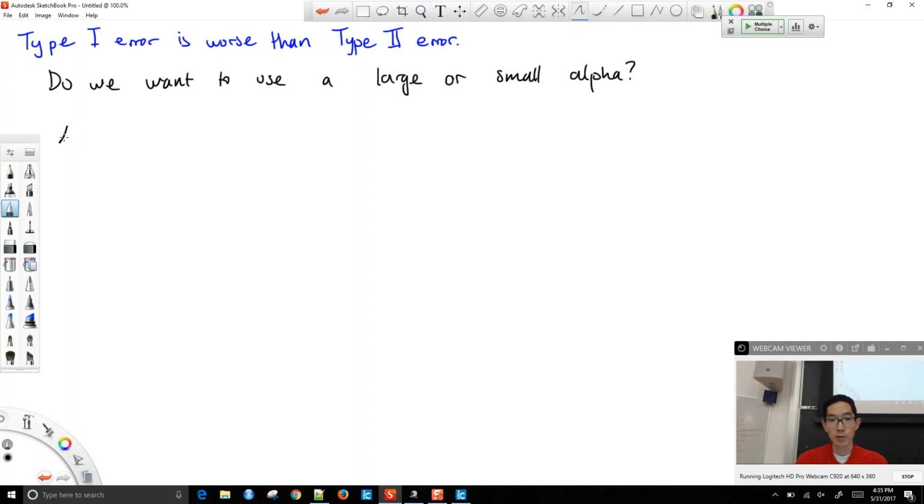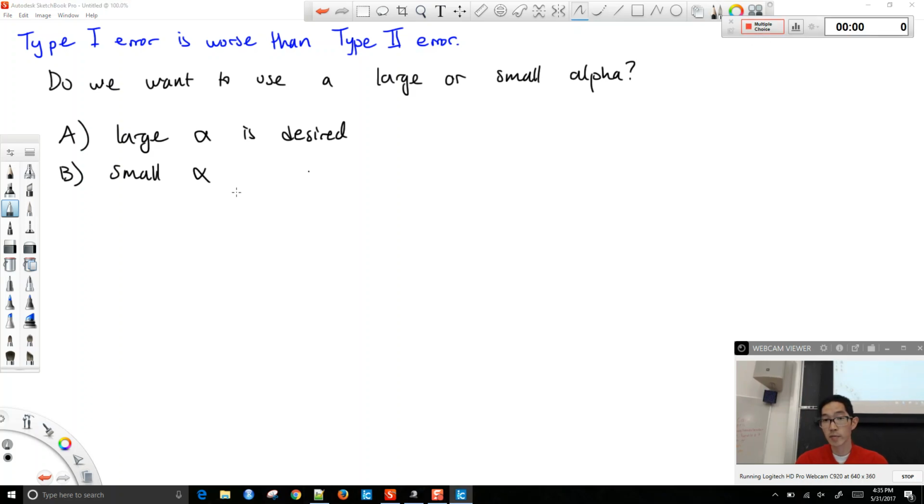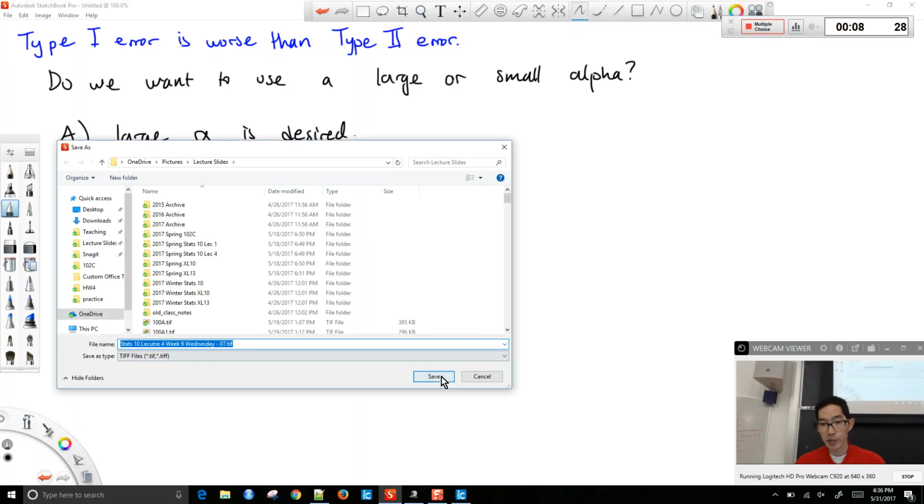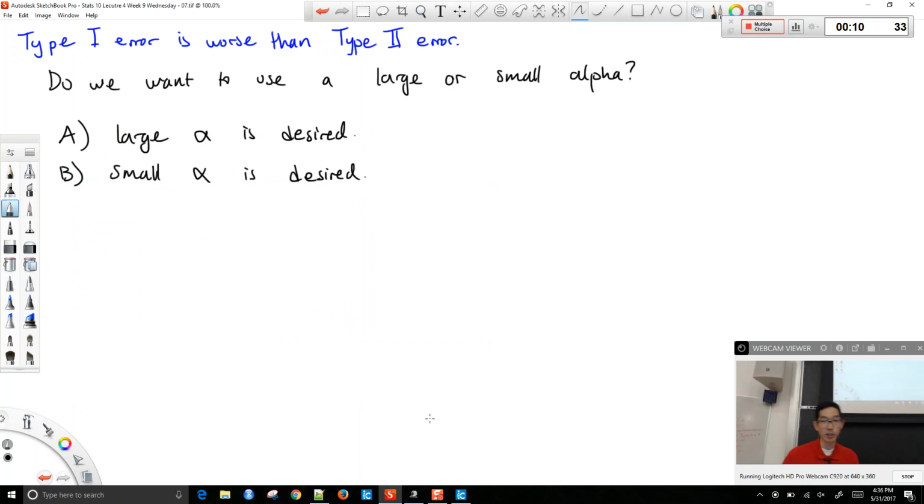If you think large alpha is desired, or small alpha desired. Type 1 error is worse than type 2 error. Do we want a large alpha or a small alpha in this scenario?